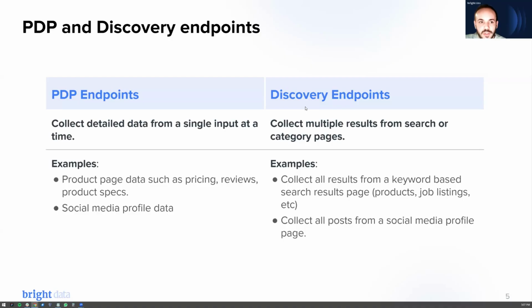The discovery endpoints are a little bit different. Discovery is for finding the URLs themselves. It usually expects a search result page, and then it goes over the page, takes all the items from the list, and returns the URLs. After it returns the URLs, it pushes them directly to the PDP. Let's talk about a short example.